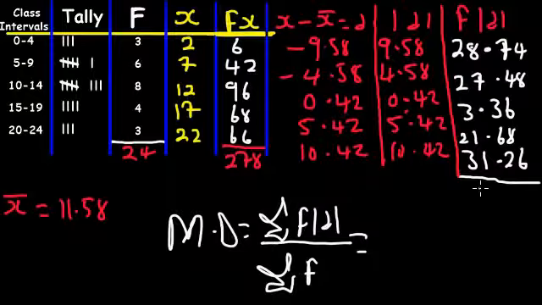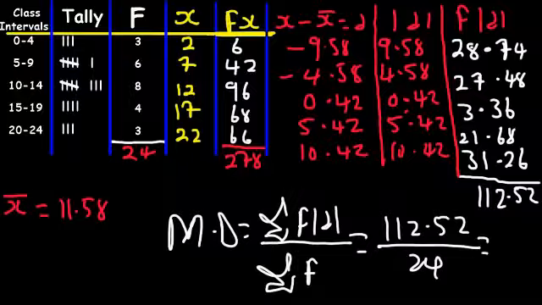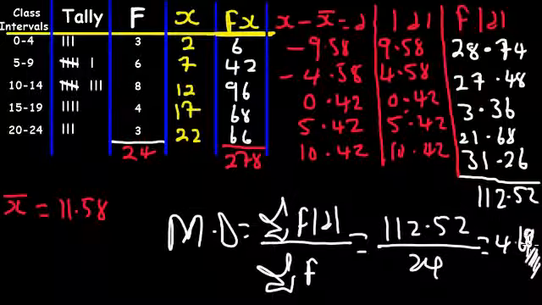So we got 112.52. Therefore the mean deviation will be 112.52 all divided by 24, and we'll end up with 4.68 approximately. So that is the mean deviation, or we can say 4.69.